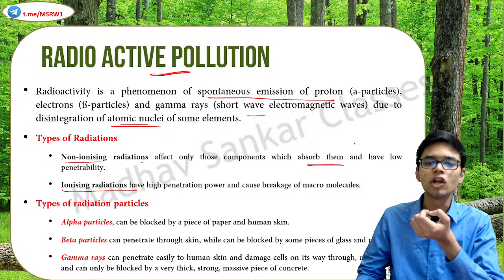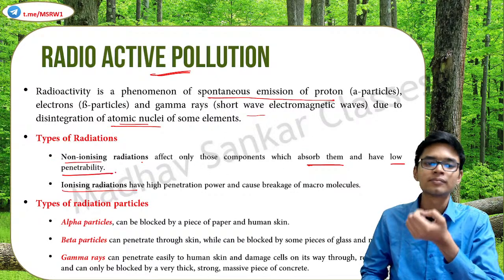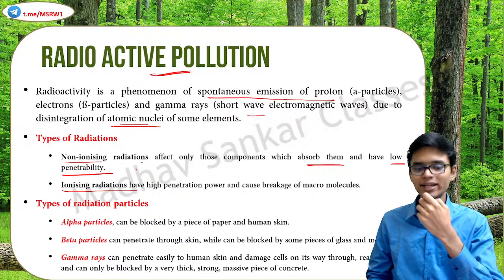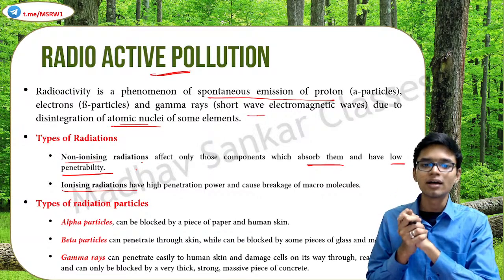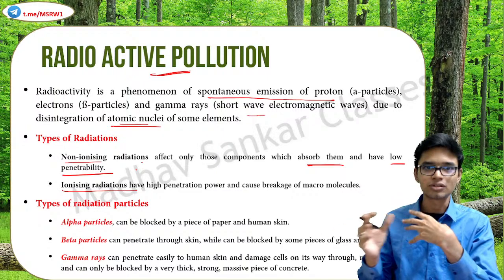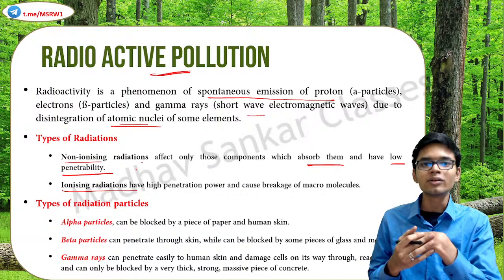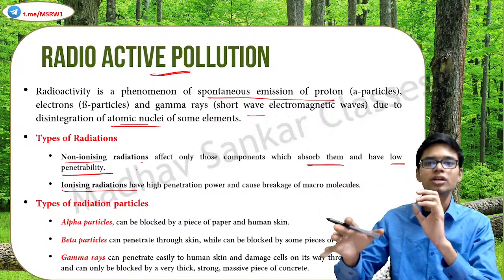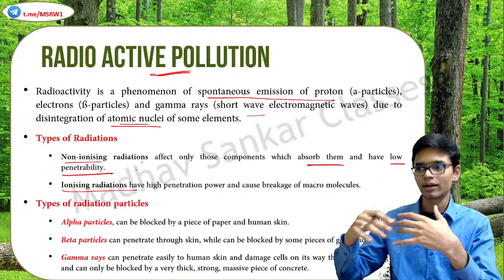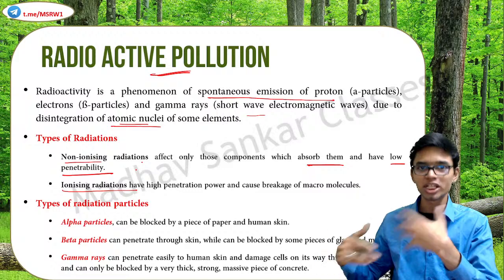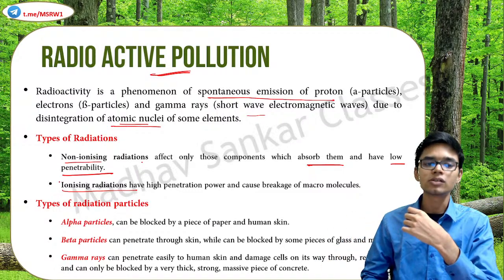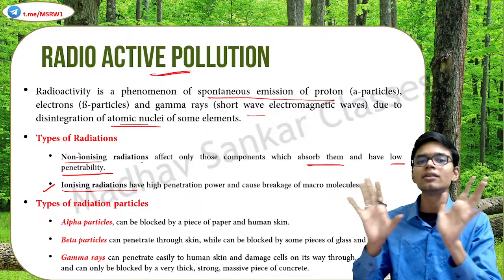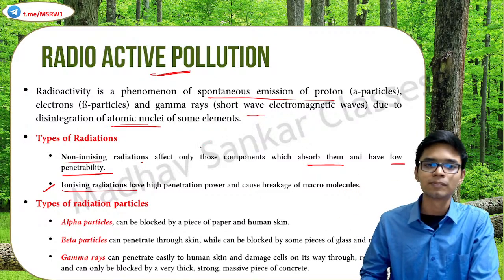They have very low penetrability. The second one is ionizing radiation. Ionizing radiations have very high penetration, and they can cause huge damage at very high levels. When exposed to high levels of radioactivity, the person can even die or contract cancer, etc. Mutations can happen. All these are because of ionizing radiations, which can penetrate through our body and create a lot of changes.